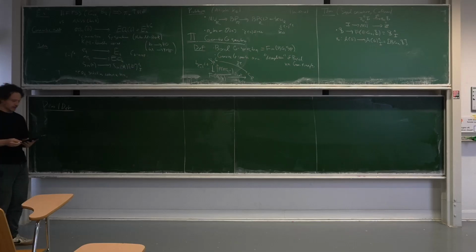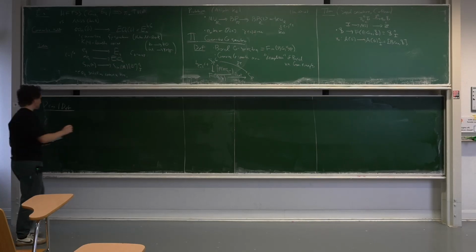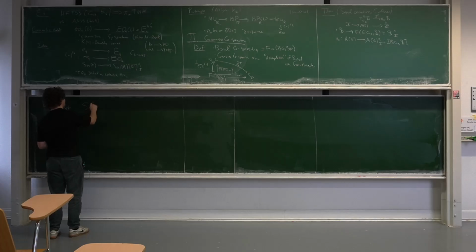I will say things about C_p spectra, but they all have analogs for any finite group. Okay, so I want to give the following proposition / definition of genuine C_p spectra.